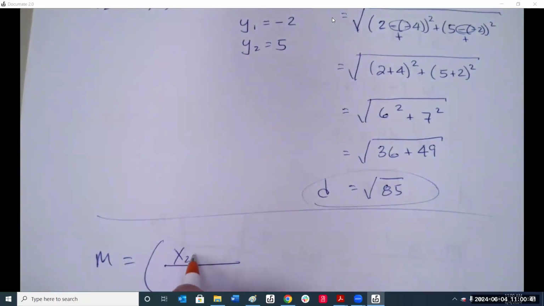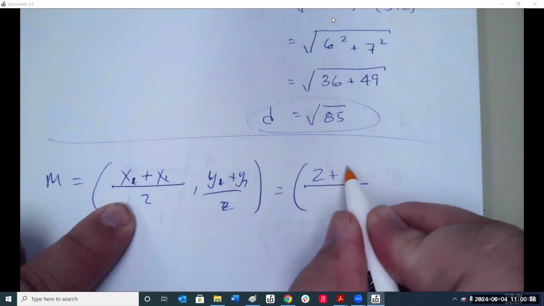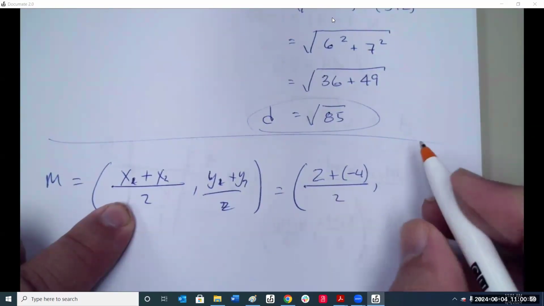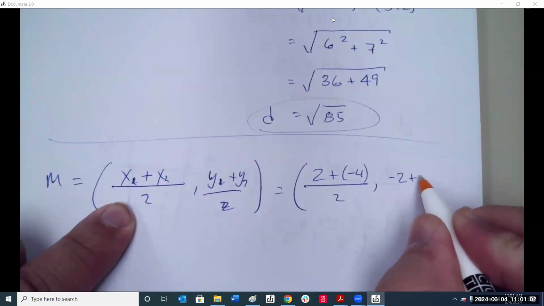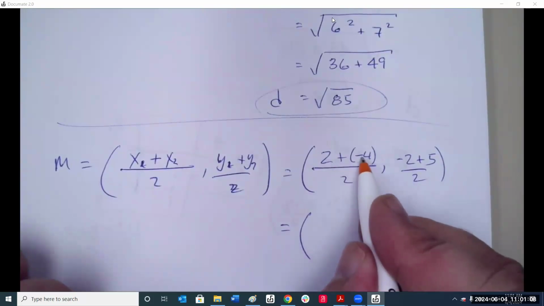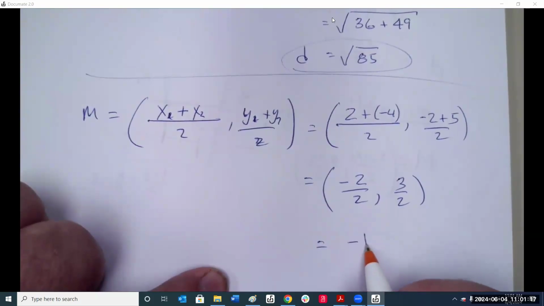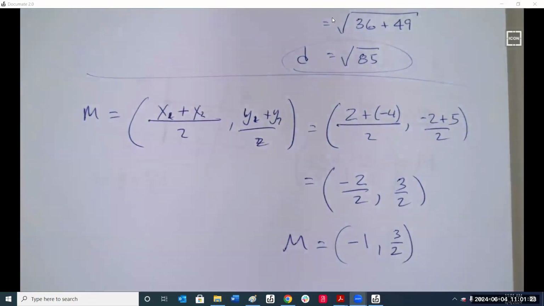So x1 plus x2, y1 plus y2 over 2. So we have x2 is 2 plus -4 over 2. -2 plus 5 over 2. 2 plus -4, so it's -2 over 2, which is -1. 5 minus 2 is 3, so 3 over 2. So the midpoint is (-1, 3/2).